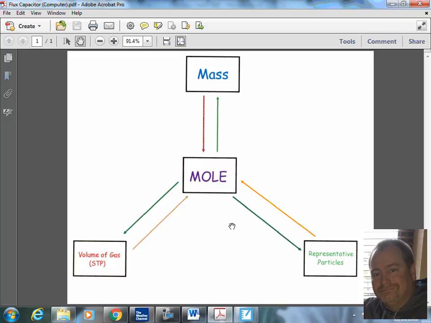Now, when we do metric conversions, when we do these molar conversions, we're going to set up what I call conversion boxes. You need to make sure that you work these problems how I show you to work them. I still work them exactly like I'm going to show you.